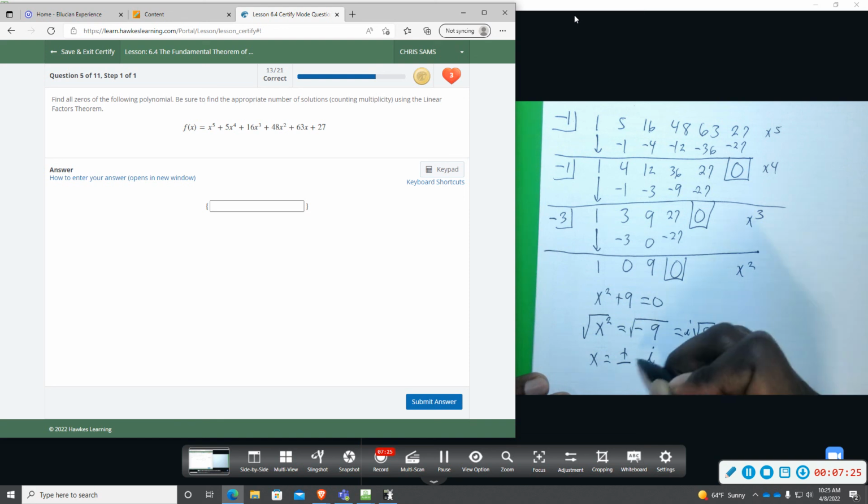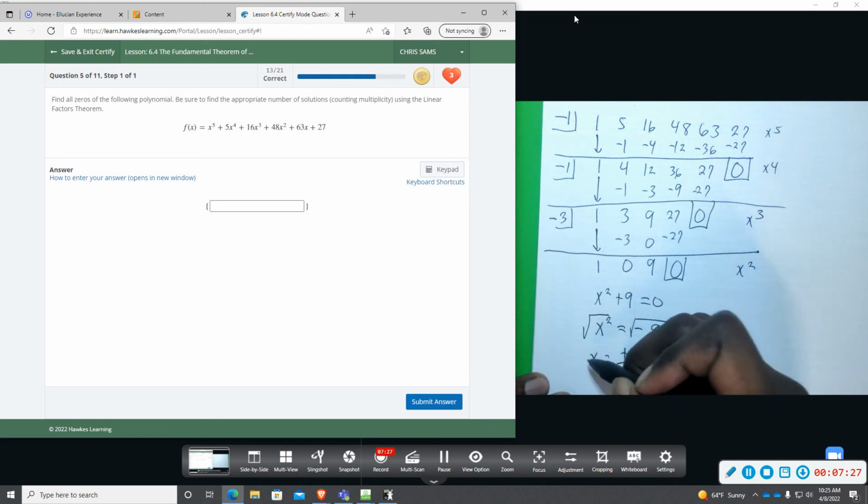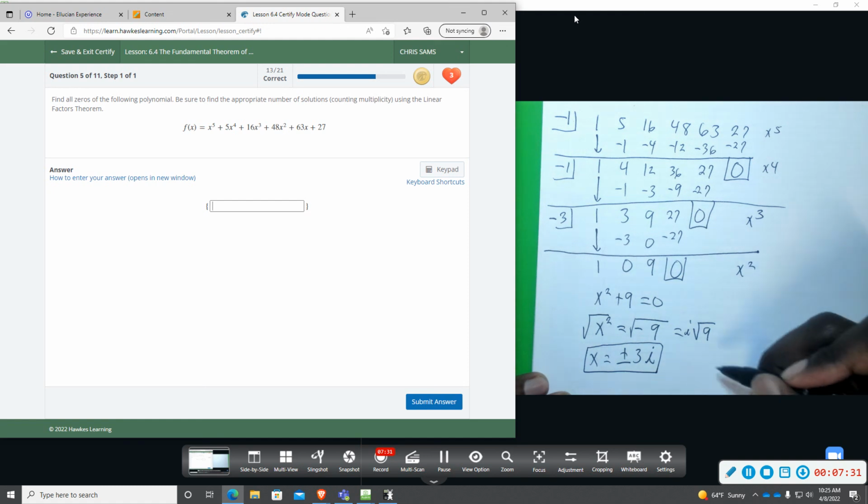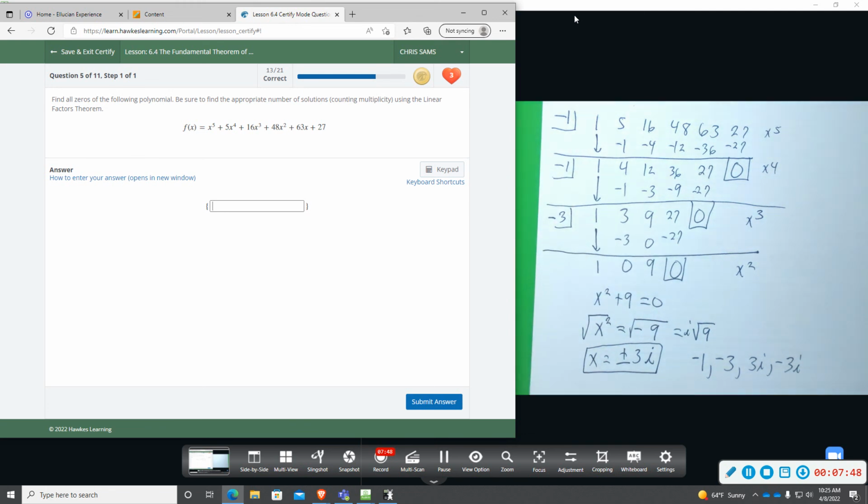Square root of 9 is 3, so I can write this as 3i. So all of my zeros are -1, which I don't have to write twice, I just need to write it one time, -3, and then 3i, and -3i.